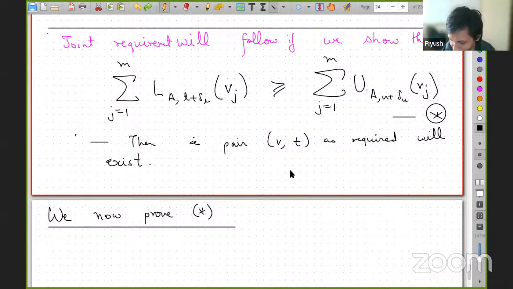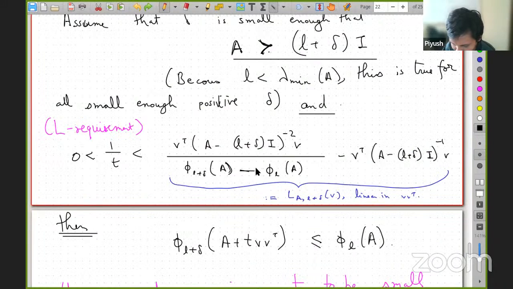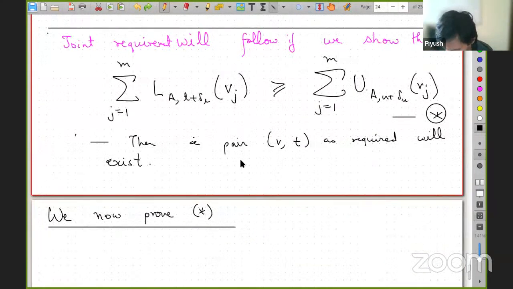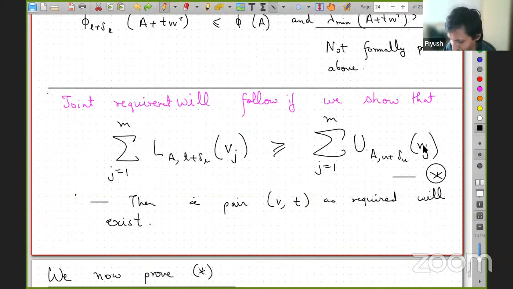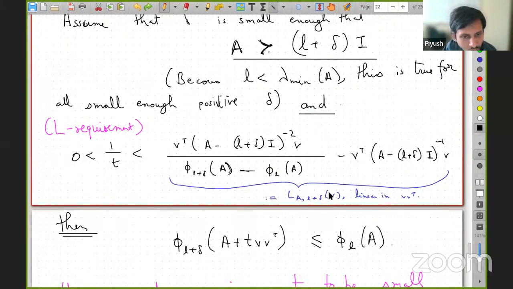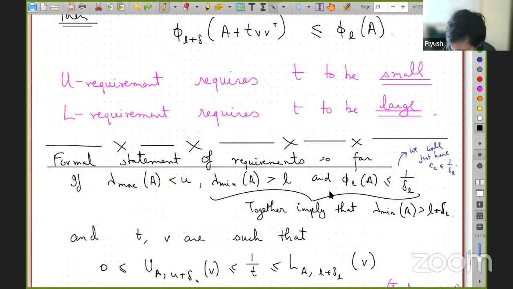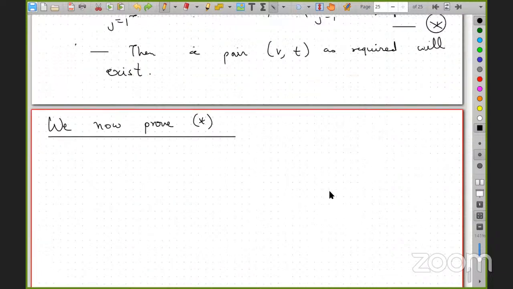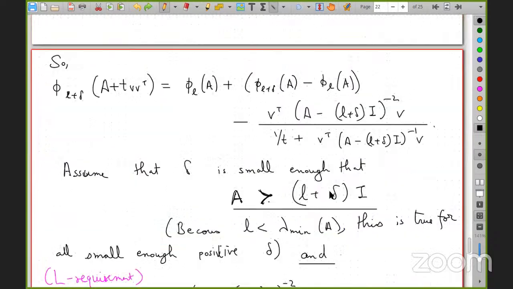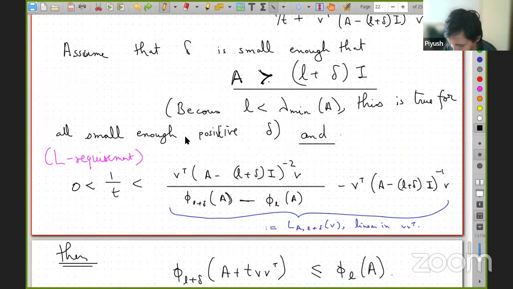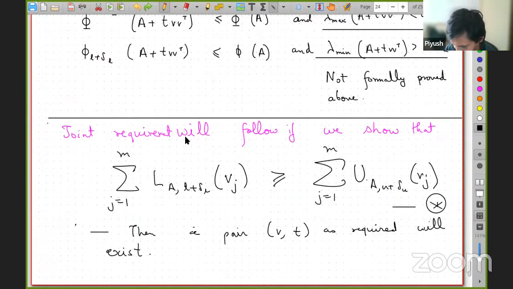You will compute this U, which is in terms of the barrier functions, for every vector V. Where is the barrier function in this L? In the definition of L, there was some phi L. So the capital L is based on the lower barrier, and the capital U is based on the upper barrier.